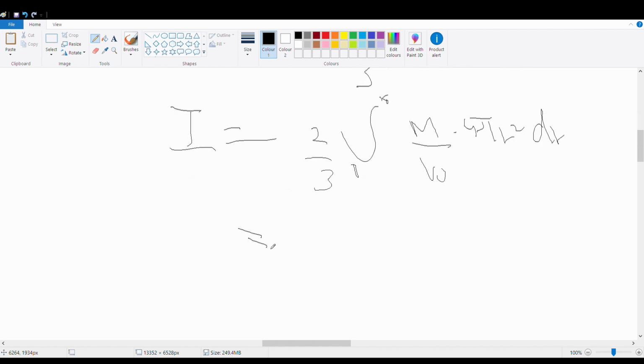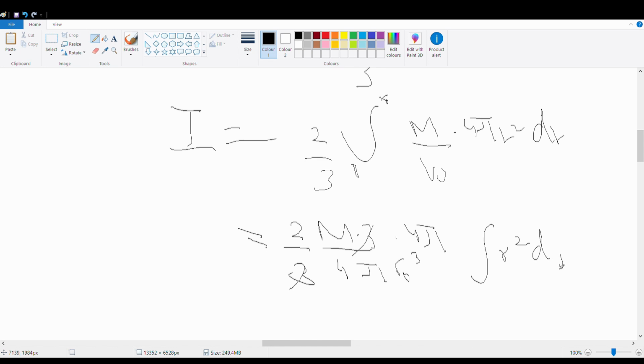So 2 by 3 m, and we'll substitute the value for v naught, 4 by 3 pi r naught cube, that's the volume, into 4 pi, which we'll take out, into r square dr. We cancel the 3, and the 4 pi cancels, and 2m is what's left.